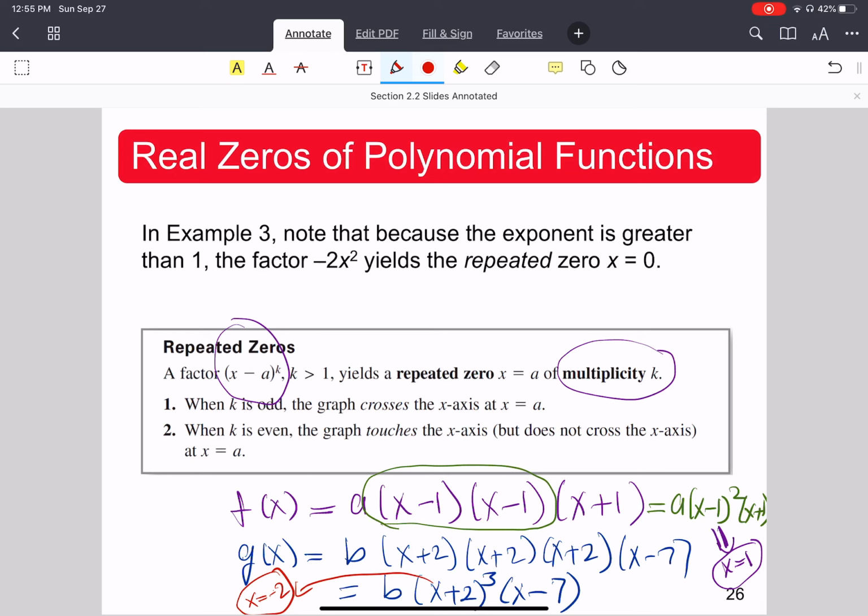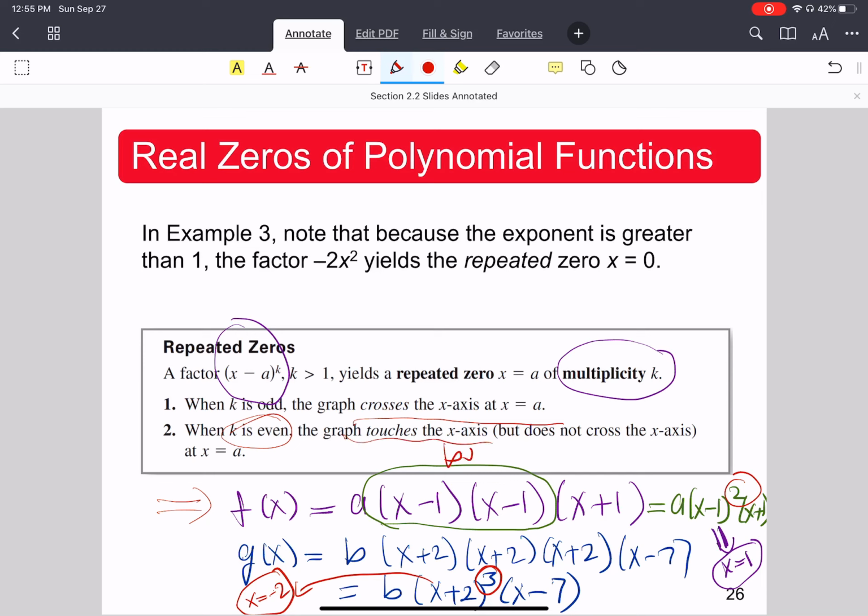And then that tells you what the graph does. If k is odd, so if it repeats 3 times, then the graph crosses the x-axis at that point. So it should cross at x equals negative 2. But if k is even, if the exponent is even, like in the first case for f of x where x minus 1 repeats, then at x equals 1 the function should touch the x-axis.